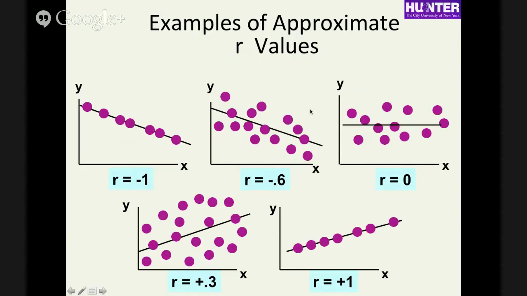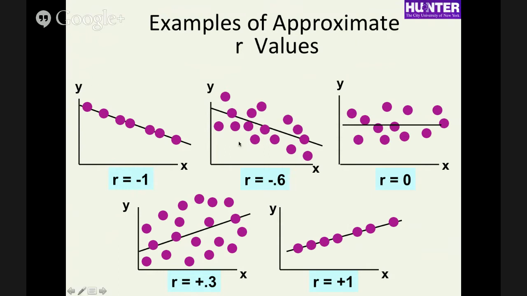So just to help give you a bit of intuition about what Pearson correlation coefficients look like, you should probably be able to take a look at a scatter plot and estimate in your head approximately what the Pearson correlation is. If it looks like this, that's -1. So they're perfectly described by the linear relationship, but as one goes up, the other goes down. That's a Pearson correlation of -1.